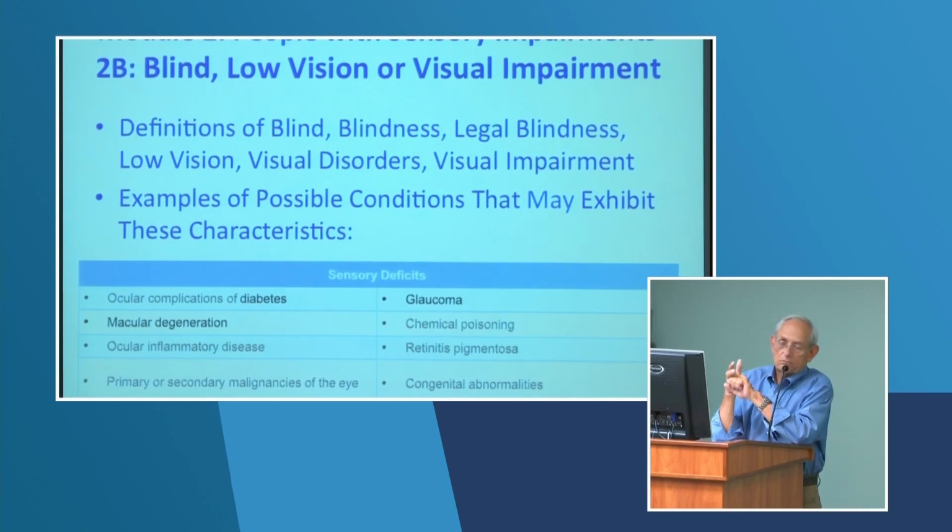Now, blindness means lack of sight. Low vision and visual disorders, their low vision can be in the form of a narrowed visual field such as with macular degeneration, but which with assistive devices can still have some visual acuity.